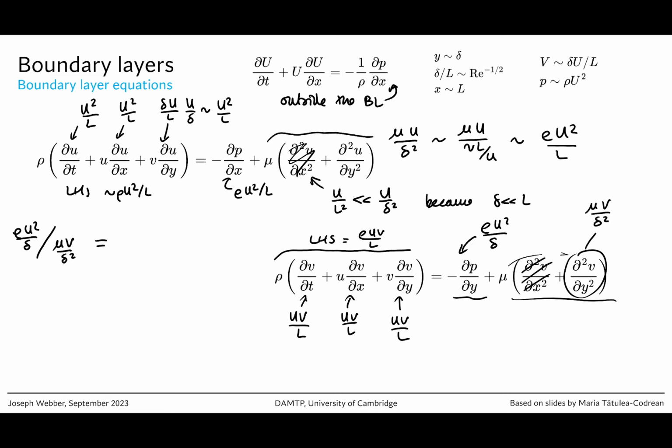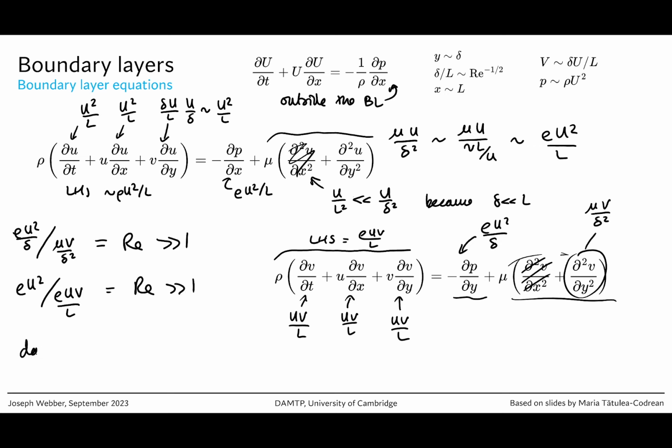And when you work this out, this just comes out to be the Reynolds number, which is much, much bigger than 1. So the pressure term wins out over the Laplacian. Now we'll compare the pressure term, rho u squared over delta, to rho u v over L, comparing it to the left-hand side here. And this comes out, again, to be the Reynolds number, which is much, much bigger than 1.